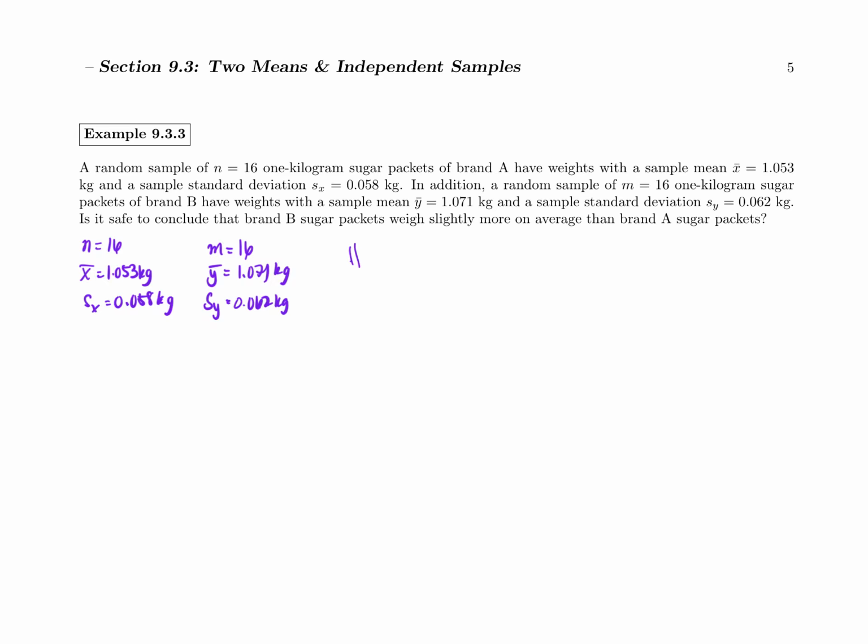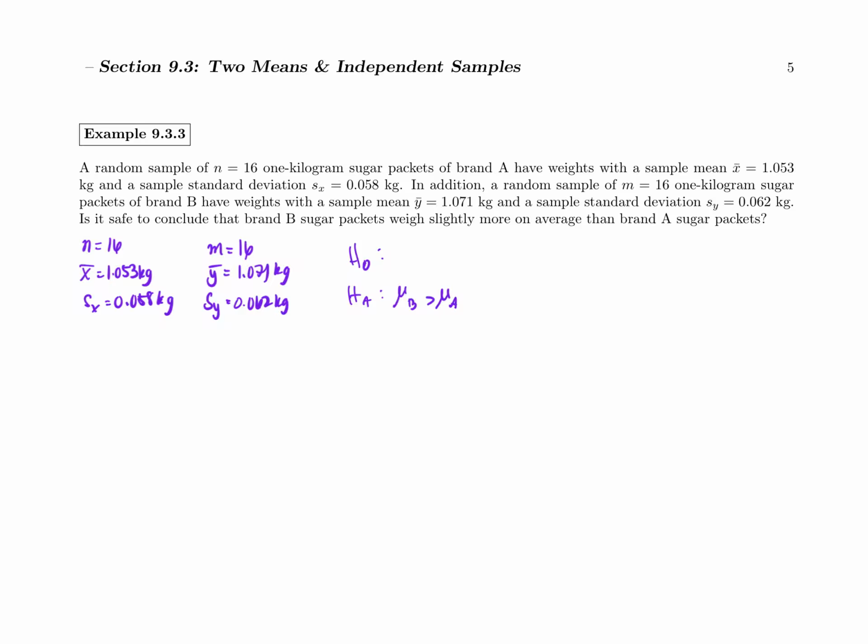What if we set our null and our alternative slightly differently than what we did before? Because the question asks, is it safe to conclude that brand B sugar packets weigh slightly more? So that would mean that B minus A on average should be positive. So what if we did mu B is greater than mu A?